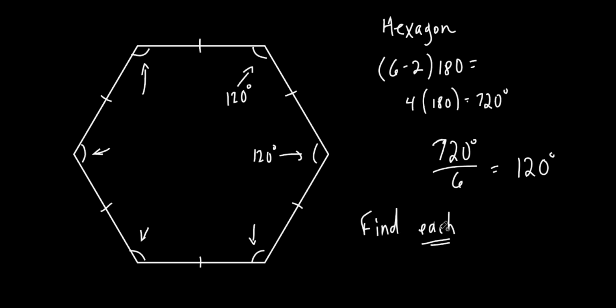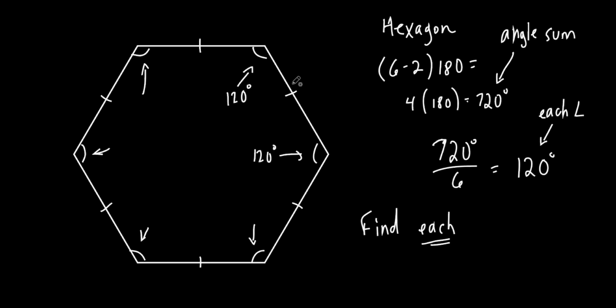I'm finding each. This is not angle sum. This right here, what's the 720? The 720 is the angle sum. Okay, what is the 120? It's each angle. Each angle is 120 degrees. All right? Now, this only works when what's true about all the angles? They're all equal to each other.